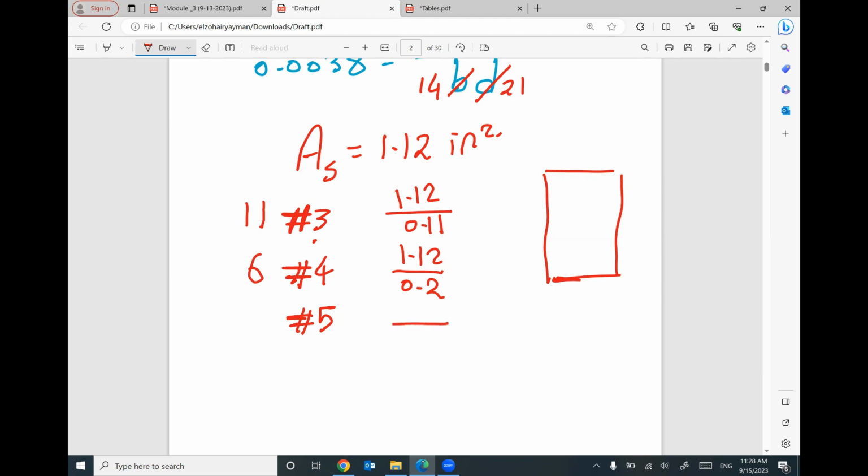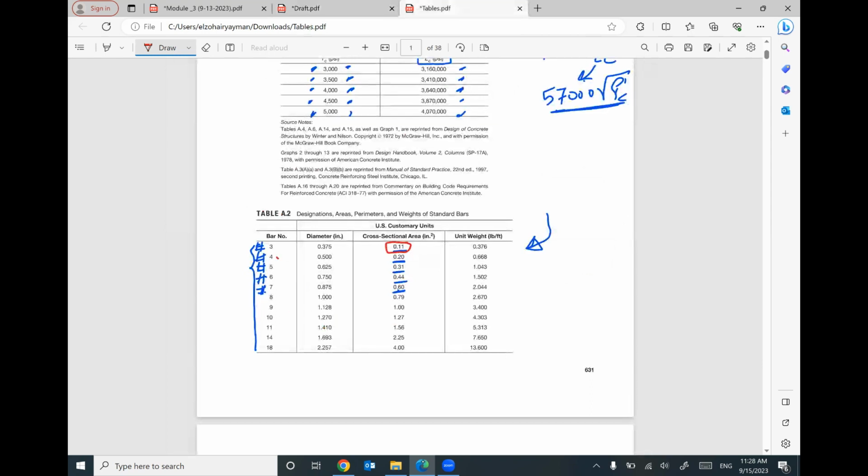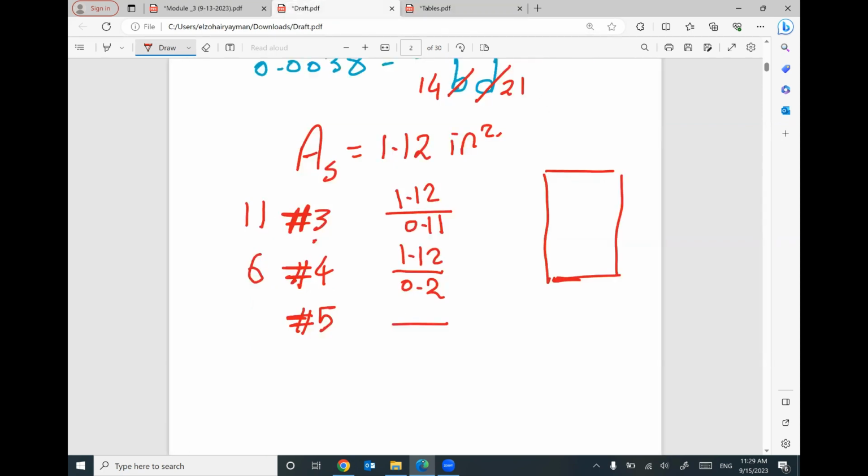Let's try number 5. If you use number 5, the area is 0.31. This is the area for one rebar. So if you divide the total area of steel by the area of one rebar number 5, I will need 4 rebars number 5.